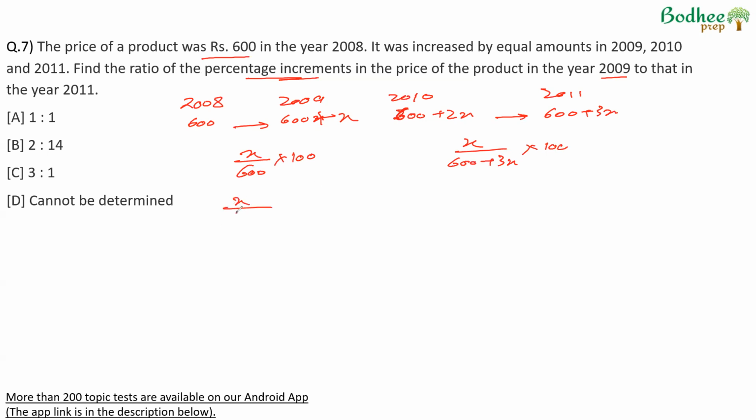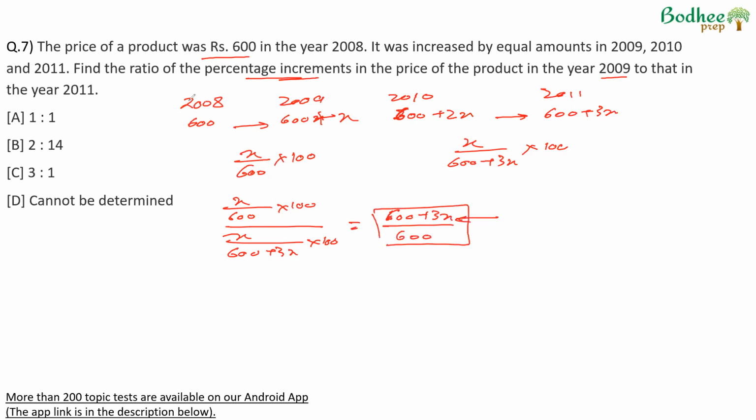So the answer becomes X upon 600 into 100 upon X upon 600 plus 3X into 100. And therefore, the required answer is, X and 100 cancel out, 600 plus 3X upon 600. Clearly, the answer will be dependent on X. The ratio cannot be determined because depending on what value the increase is, the percentage value will change.